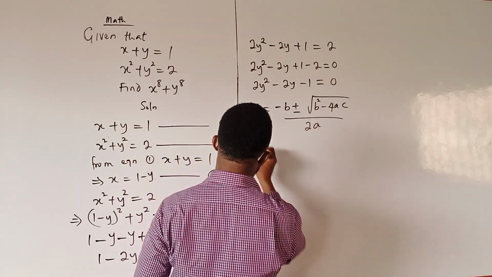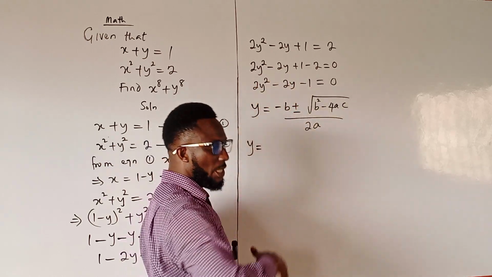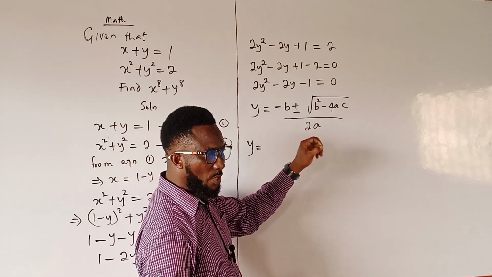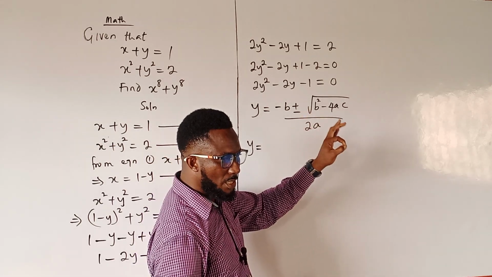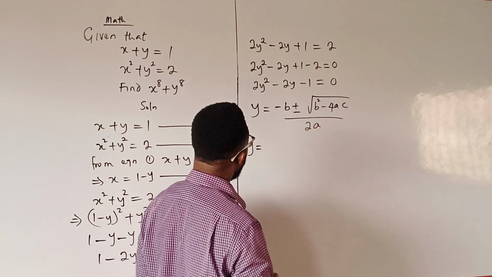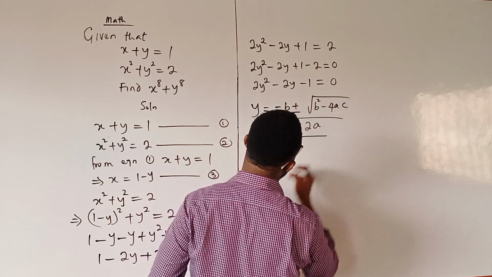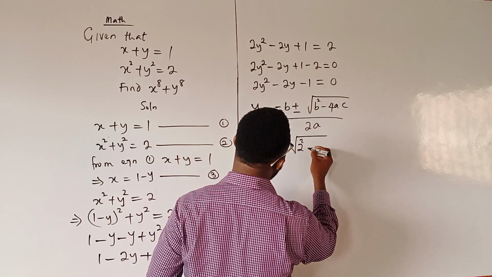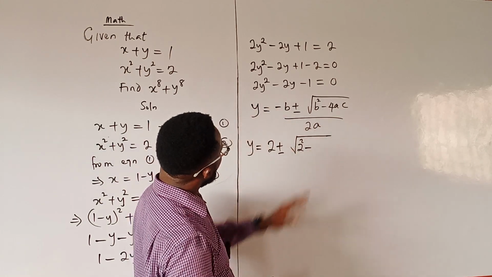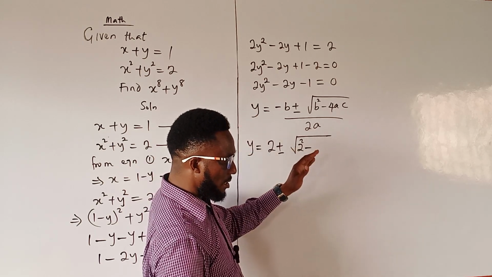So I can then write that y equal to, now that we have b to be negative from the main equation, we also have a negative b in the formula. We'll now be having -(-2), which is +2. So we have 2 plus or minus the square root of (-2) squared. I'll put a negative sign there. Then 4 multiply 2 is 8.